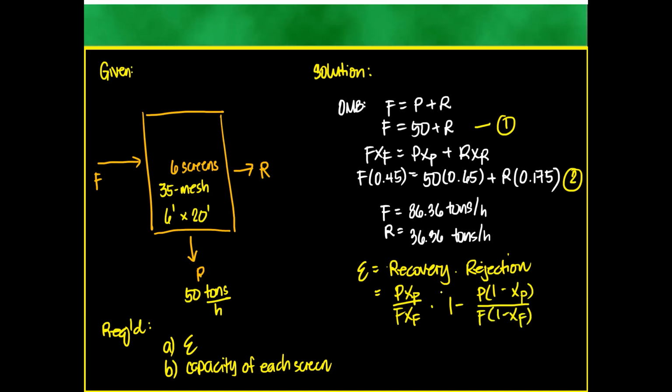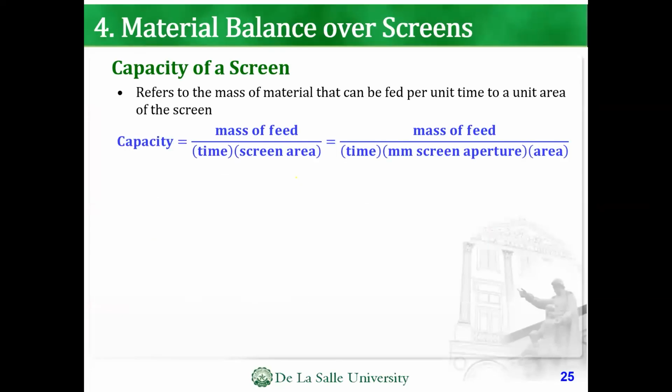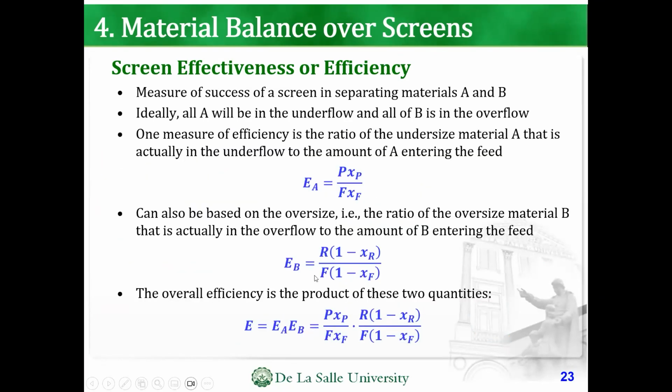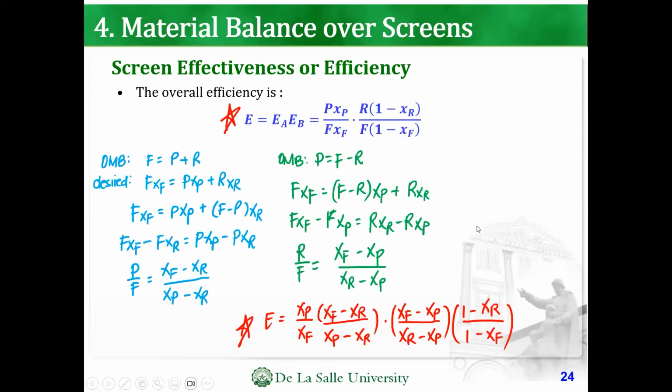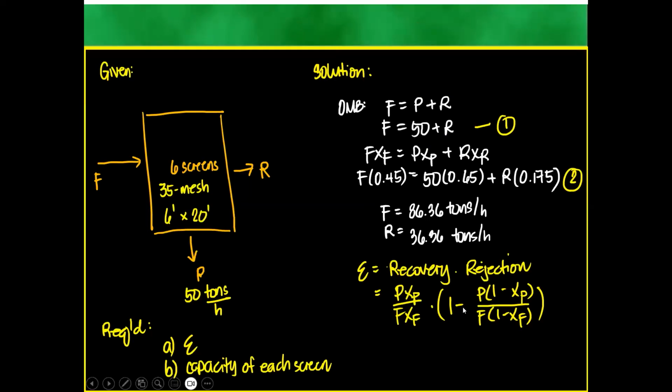You might say, where did I get this? One of the formulas is this. Look, this one, and then this is the reject. So the R is basically 1 minus the recovery, so 1 minus the recovery is the rejection, right?